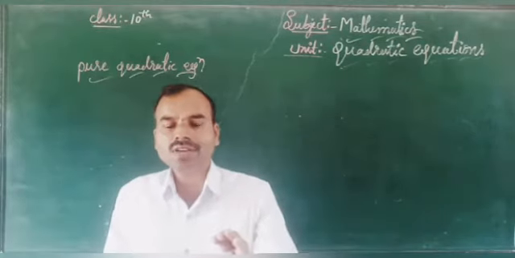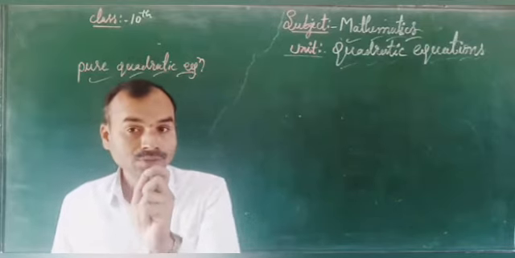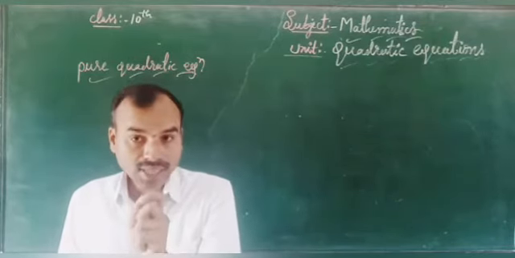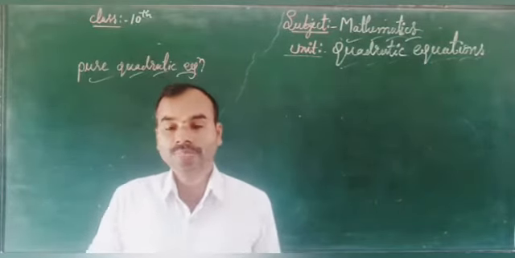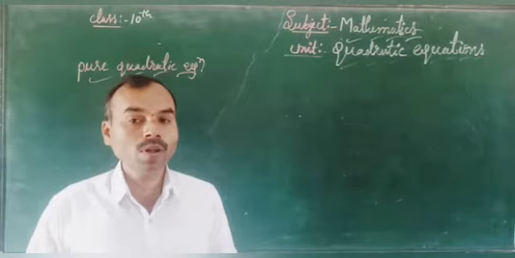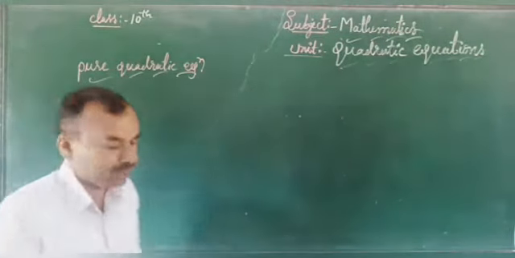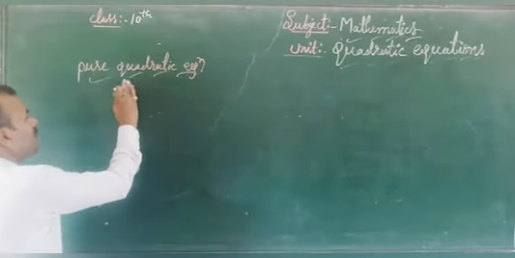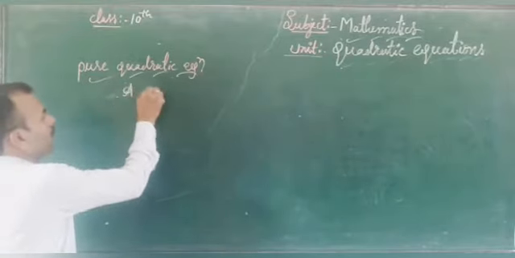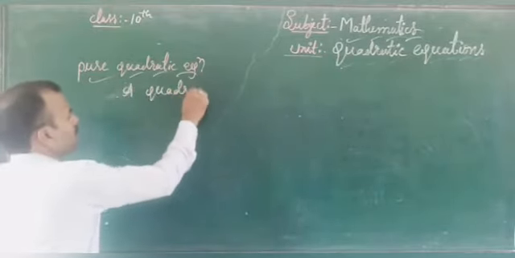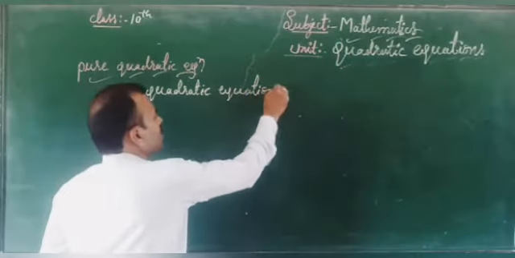A quadratic equation involving a variable only in second degree. An equation involving a variable only in second degree is called a pure quadratic equation. And it is already a quadratic equation, so write quadratic equation.